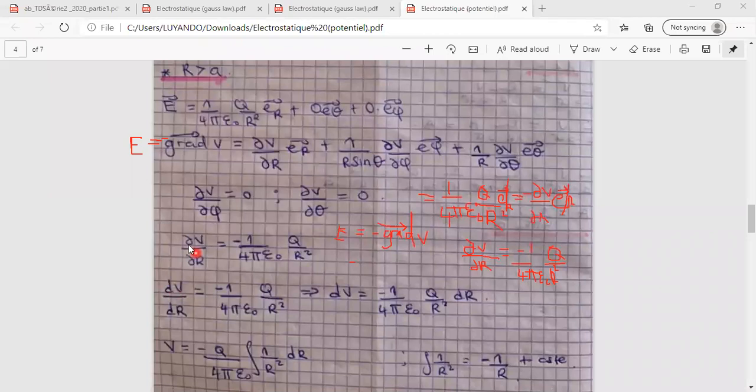So for me to get my potential, I just need to integrate dV. I'm going to have this guy multiplied by this, and yes, have this. I'm going to cross multiply here.